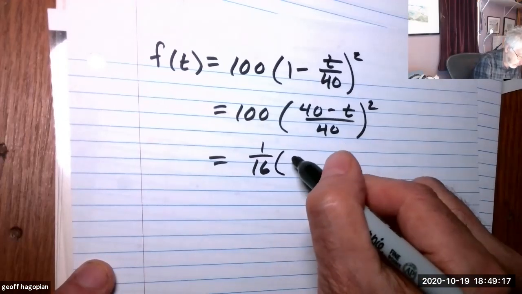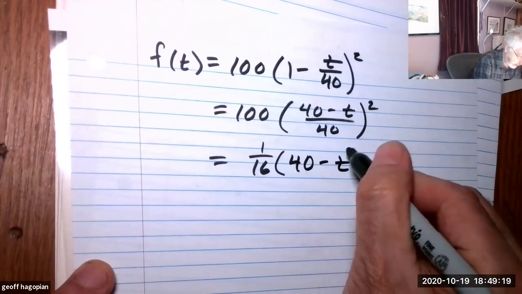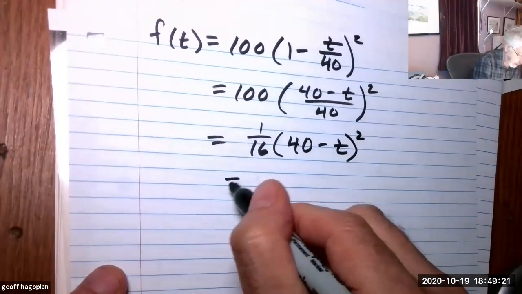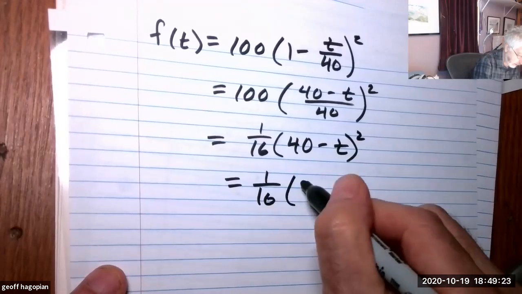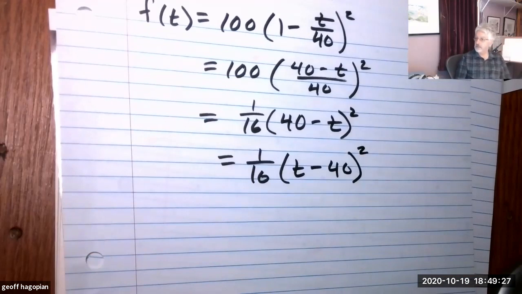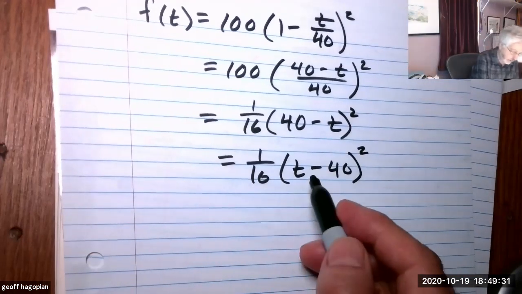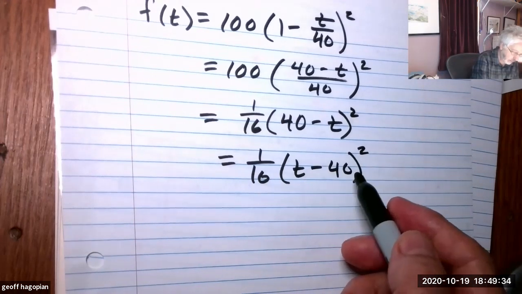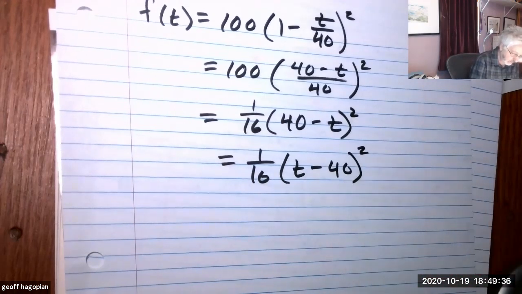And now this is 40 minus t, but since that's a square, it doesn't matter which way you form the difference. The square is still the same. You'll still have a t squared, a minus 80t, and a plus 1600.